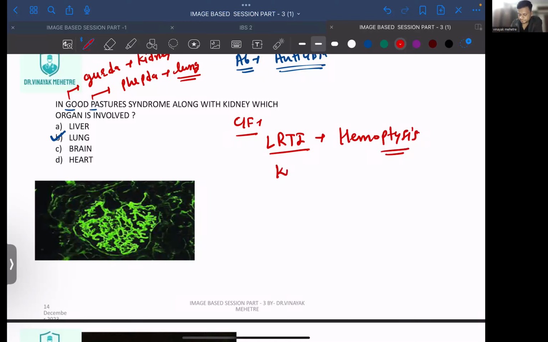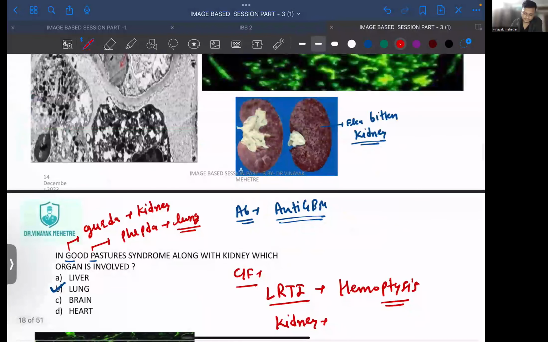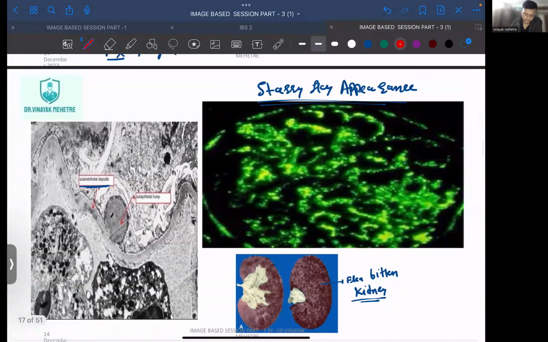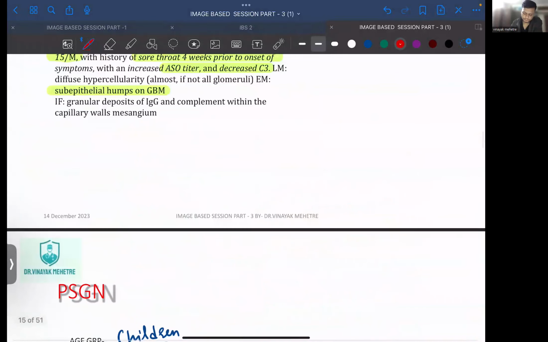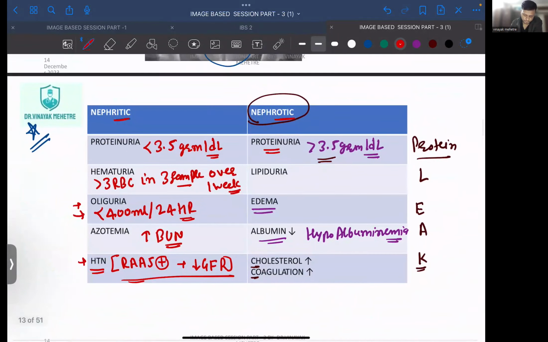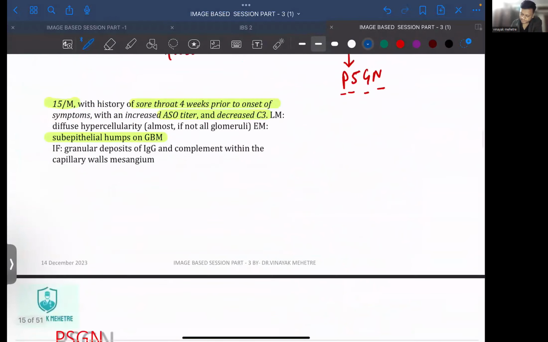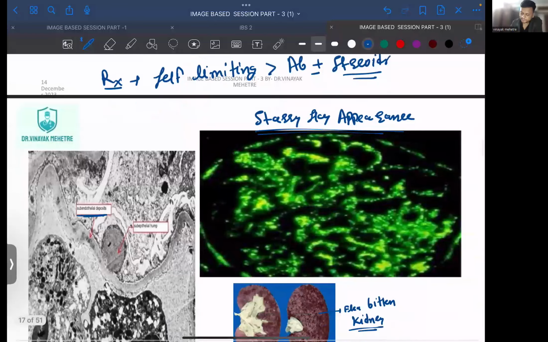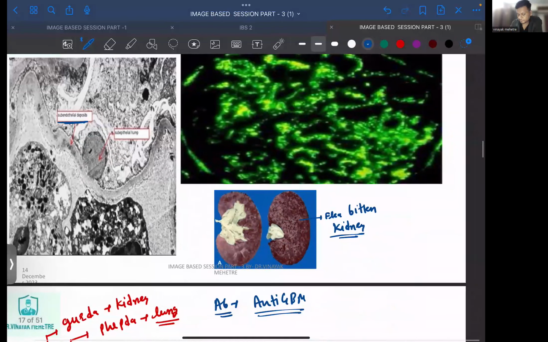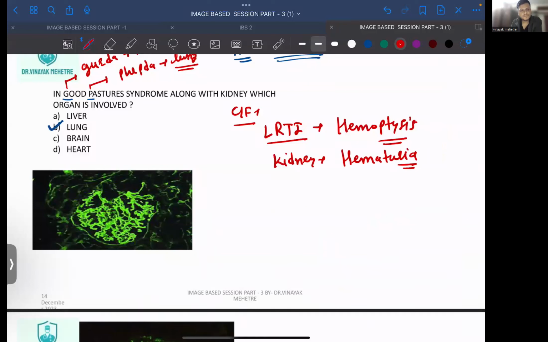What will we find in the kidney? What is the name of the disease? Nephritic syndrome, right? So we are going to get hematuria as a clinical feature. In the kidney, what we will get is hematuria. These are the clinical features of Goodpasture syndrome.